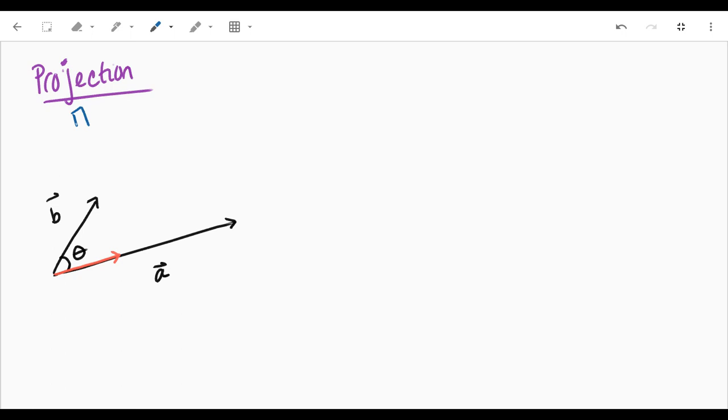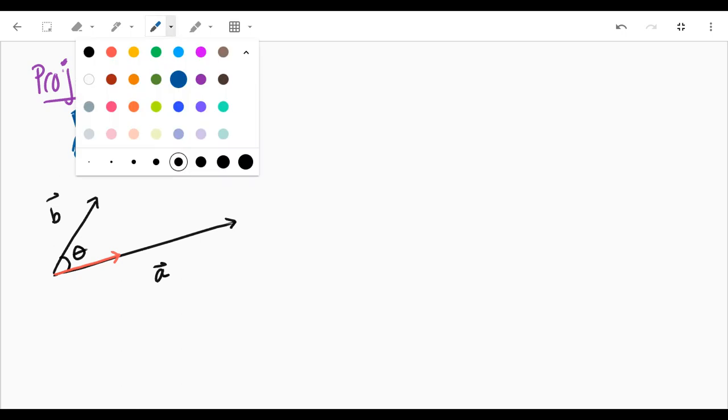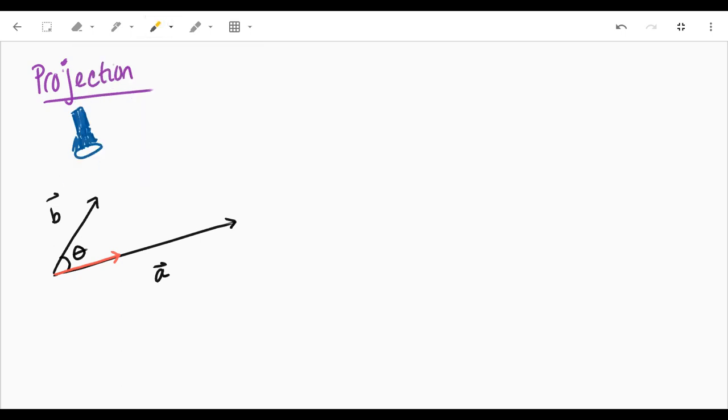So if I have a flashlight, okay, and that flashlight is perpendicular to vector A, and it is shining. Okay, so think about where the shadow of B would be on A. Okay, isn't that fun? That's good. Okay, so that little pinkish reddish vector there, that's what we would say is the projection onto A of B.